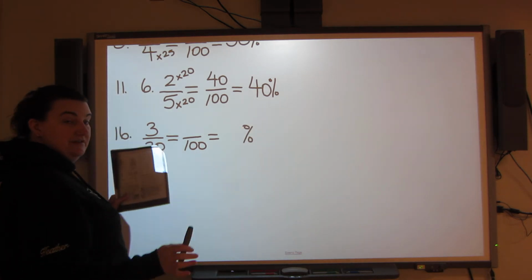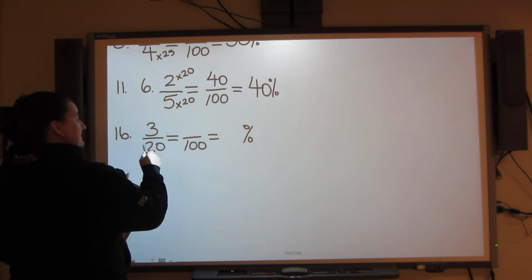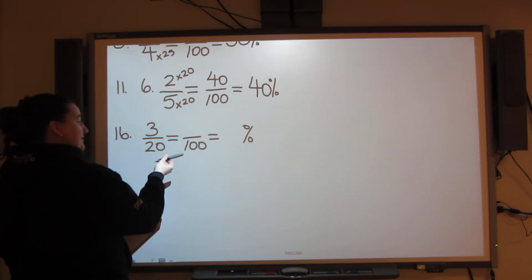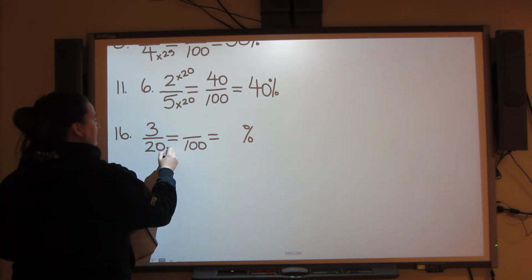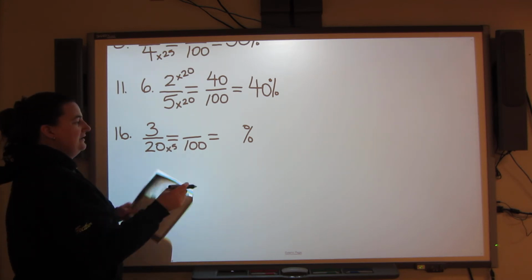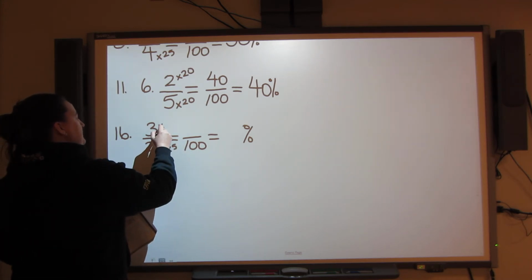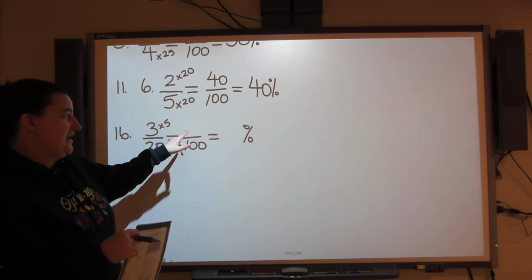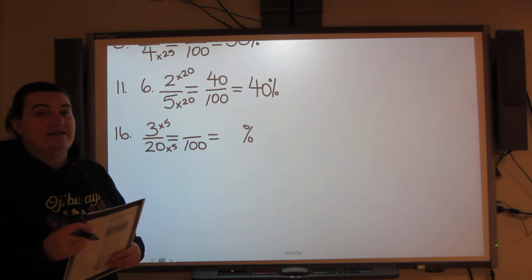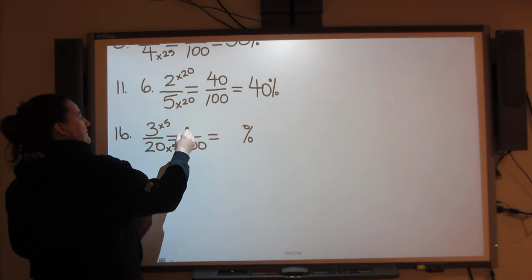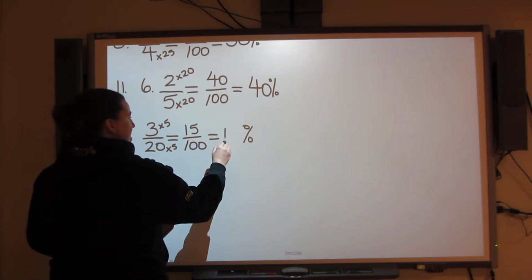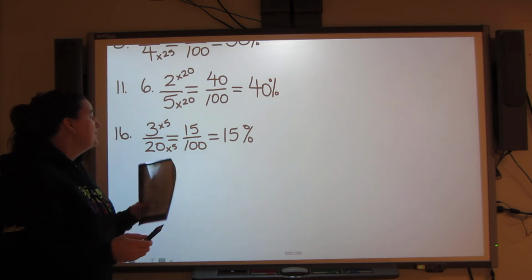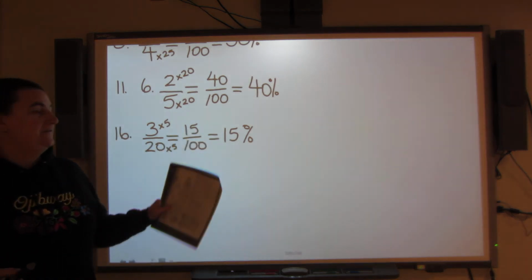So using those math facts that we know, 20 times something is 100. We know that 20 times 5 is 100. So 3 times 5 is going to be our new numerator and our new percentage. So 3 times 5 is 15, which means 3 over 20 is 15%.